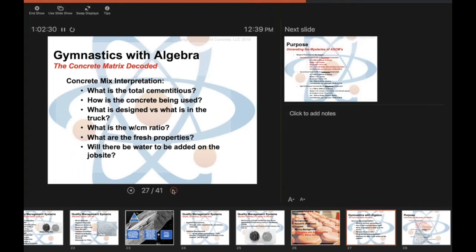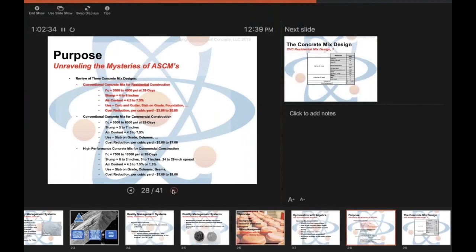Next slide, please. So the first mix that we're going to look at is this, what we can call conventional concrete for the residential construction industry. Falls into this category of 3,000 to 4,000 PSI. And if you're looking at ACI 318, you know, you can tack on another 800 to 1,200 PSI on that, depending on if you have 3 years or 30 data sets to validate that strength.